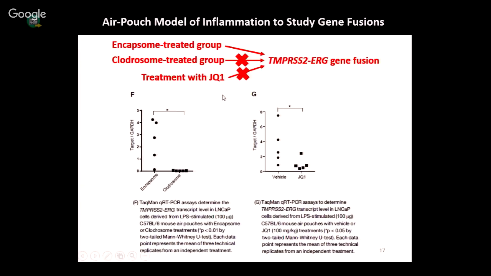And treatment with JQ1, I'm sorry, maybe I didn't explain this. This is a protein, and it will block TMPRSS2 and ERG gene fusion formation because it suppresses the inflammation. So if we treat with JQ1, then it will block the TMPRSS2 and ERG gene fusion. So do I answer your question? Okay, thank you.